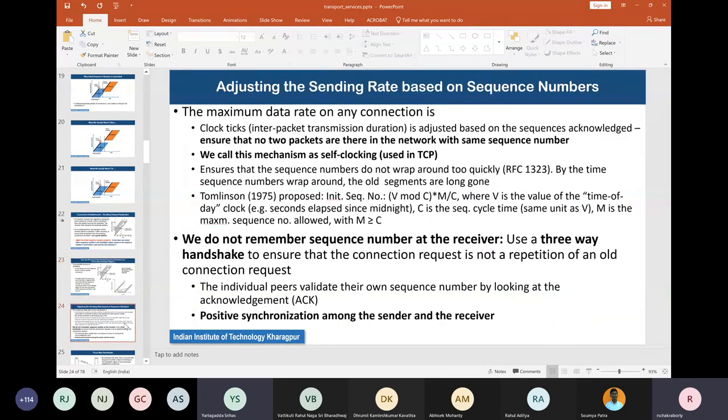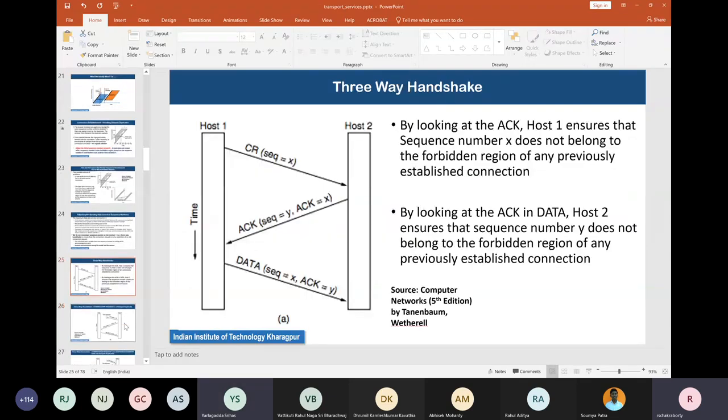Now do you move to the next slide? Yes, sir, it's visible. And can you see three-way handshake now? Yes, sir. Can you see the slide if I keep it minimized, because it looks like the slide transition is not working in full screen mode? Is it okay? Yeah, now it's working.